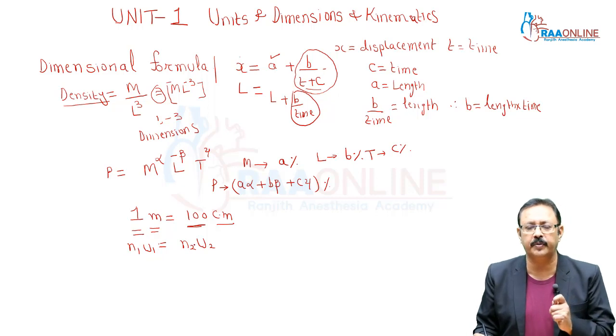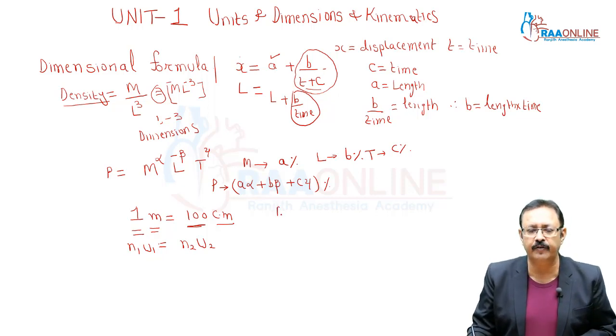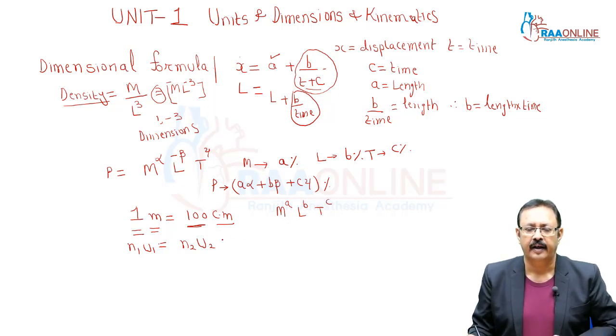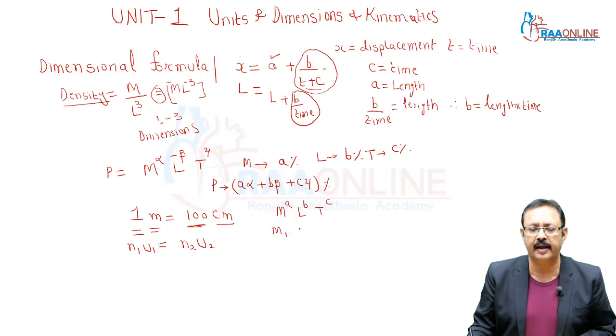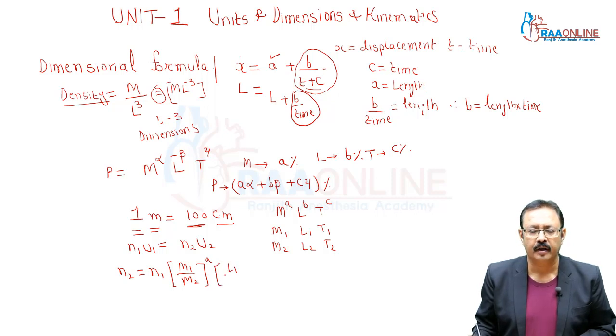N1U1 should be equal to N2U2. It means if the dimensional formula for your physical quantity is M^a L^b T^c, and in one system the units of mass, length and time are M1, L1, T1, and in another system M2, L2, T2, then by this concept the numerical value in the second system should be equal to the first system's value times M1 by M2 raised to the power a, L1 by L2 raised to the power b, T1 by T2 raised to the power c.